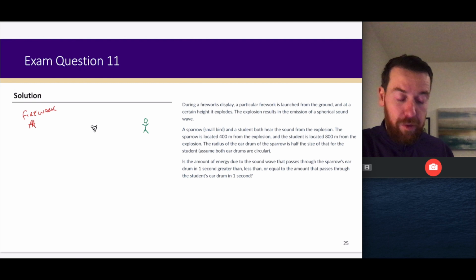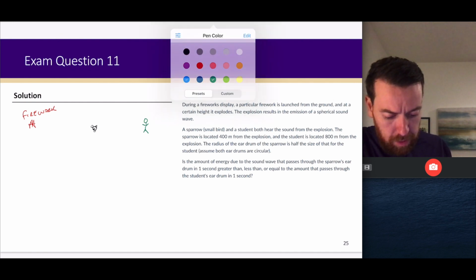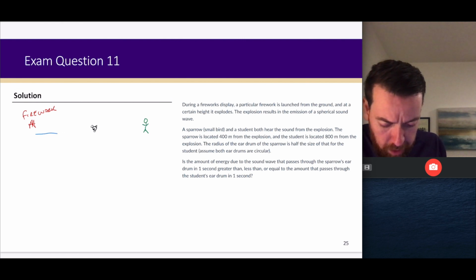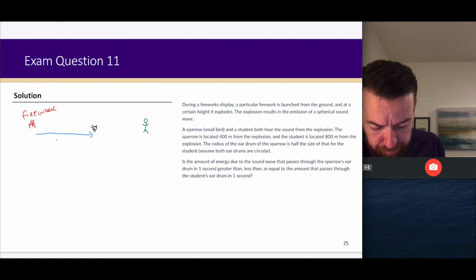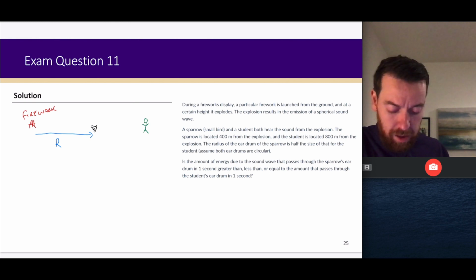We've got the radius for the explosion, how far they are away from the source, plus the radius of their eardrums. I will use different notation here. I'm going to use large R for the radius from the source, and because one's a sparrow and one's a student and they're both S's, I'll use B for bird and P for person.